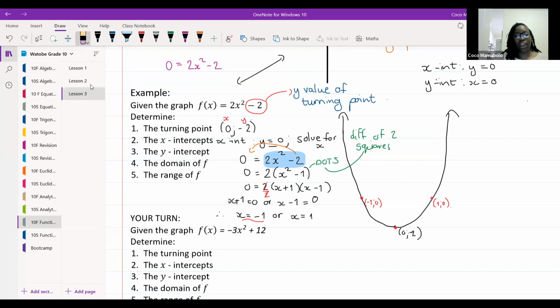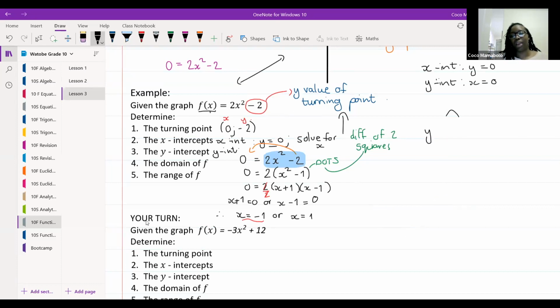All right. Then what happens, guys, if I want to find my y-intercept, what do I need to do? Good, we'll make x equal to 0. So for the y-intercept, our graph reads y is equal to 2x squared minus 2.